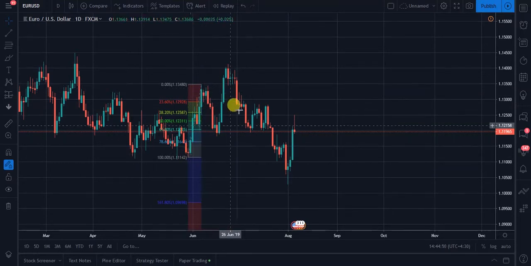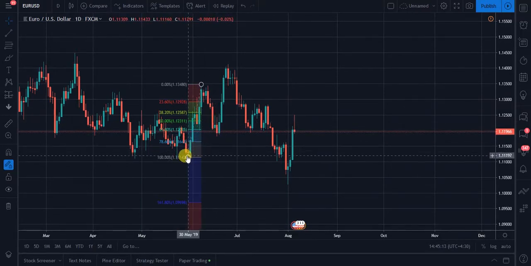For example, this is an uptrend because the previous high was below the next high. For example, this is the next high. This was the previous high. So this high and this low are a little above the previous low.